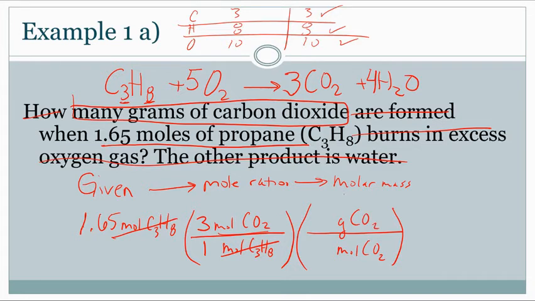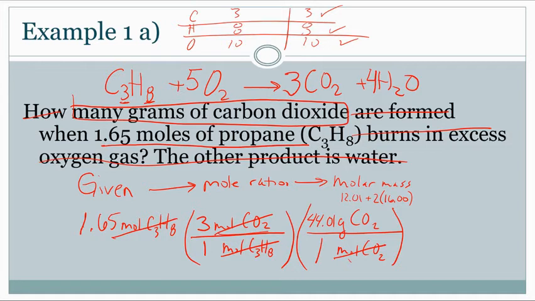So molar mass, I have 12.01 plus 2 times 16.00. That's going to be 32 plus 12, so 44.01 grams. Remember, I would like for you to go to the hundredths place when you are using molar masses.